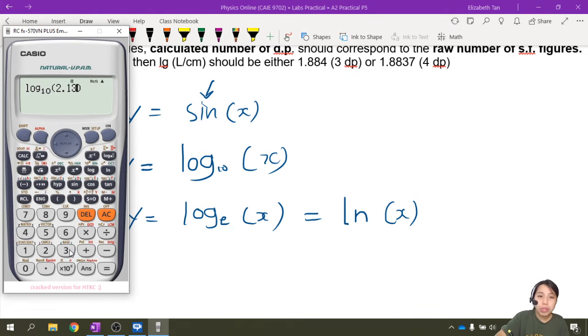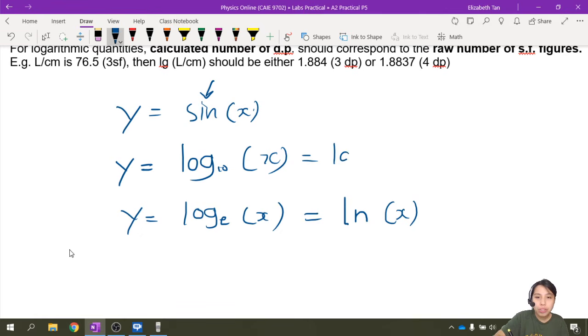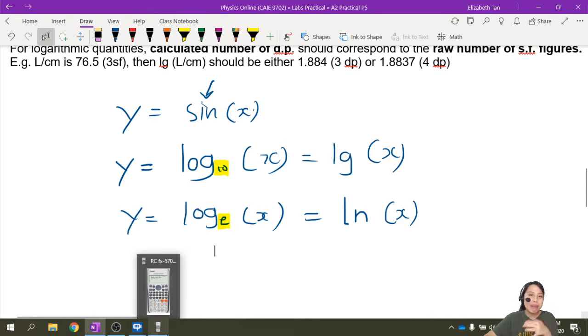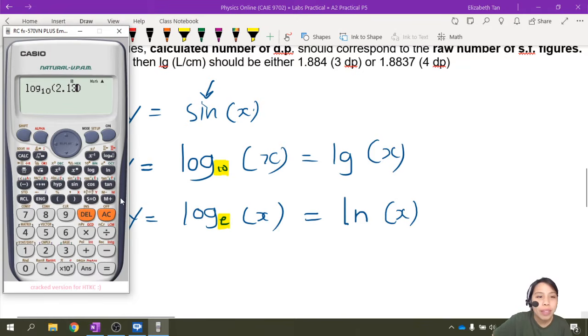Sometimes they will shortcut and write this as LG. When you just see LG, that means it's log base 10. See? Log base 10, LG, okay? LN is log base E. Write this down if you don't take maths and you're like, wow, what is going on? Okay, never mind. So anyway, log 10 or LG will be this thing of whatever number.